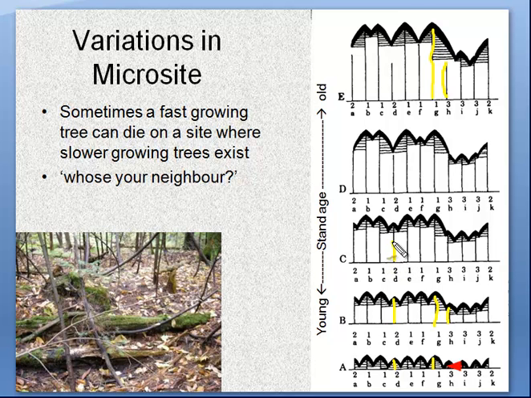It may be on a slightly more moist site, and the other ones are growing on a more mesic site. So what happens is that D becomes a Chico over time because it's outcompeted, because its microsite was not as good as the microsites of its neighbors.